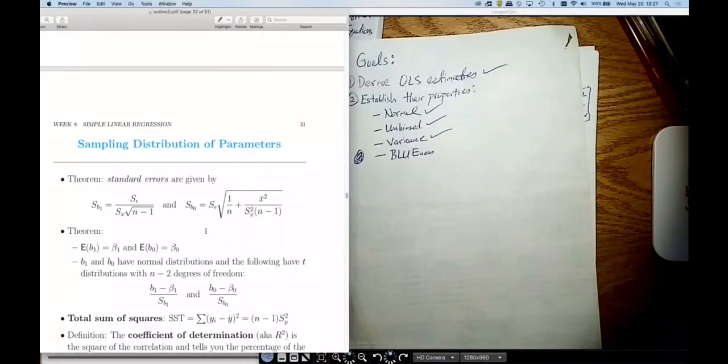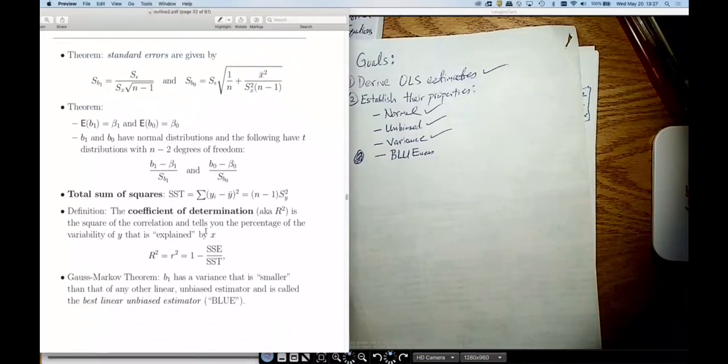The last thing I wanted to mention was this issue of blueness. I made a very rough statement in the course packet, and the result was this: B1 has a variance that's smaller than any other linear unbiased estimator and is therefore called the BLUE. So B is the best linear unbiased estimator. This has a very famous name. It's the Gauss-Markov theorem.